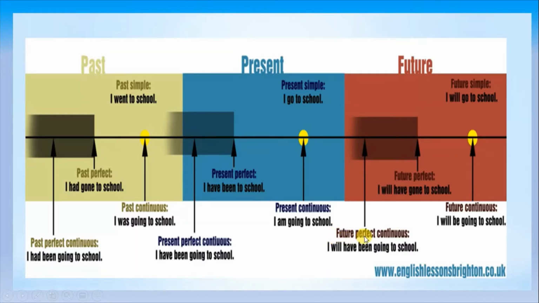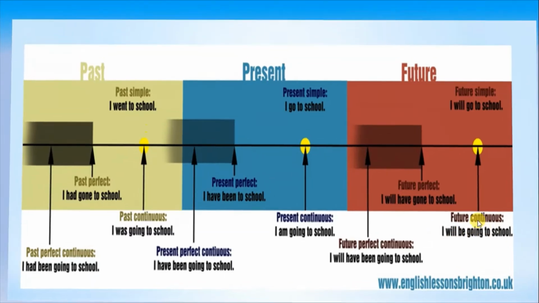Future perfect continuous: I will have been going to school. It has the same structure and is constructed from will, have been, and root with ing, and the other items of the sentence. Future perfect is constructed from will have gone to school, and the future continuous is also, I will be going to school.